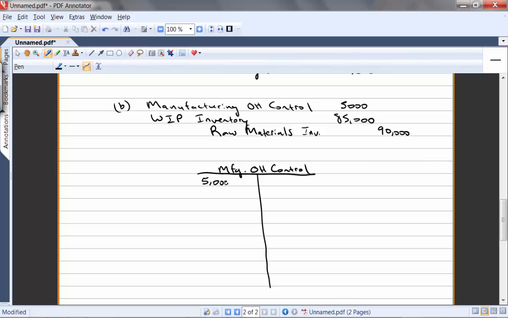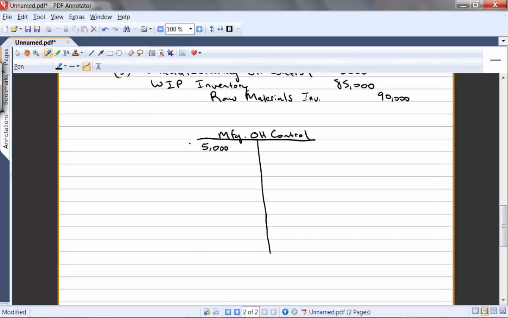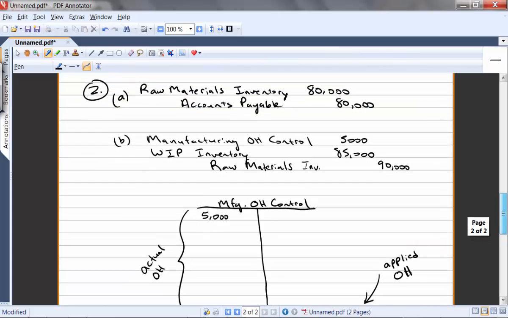So we put 5,000 in. Anytime we have an actual incurrence of overhead, we're going to put it over here on the left-hand side as a debit. And then we're going to apply overhead over here on the right-hand side, or we're going to estimate overhead. And we'll see that later. I'll talk more about that in a little bit.